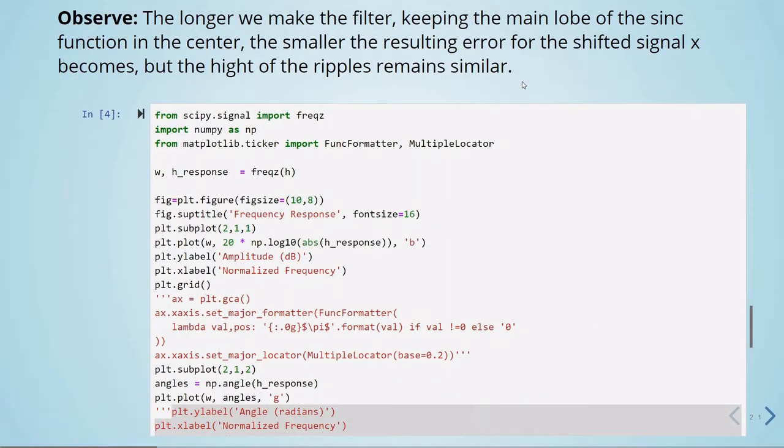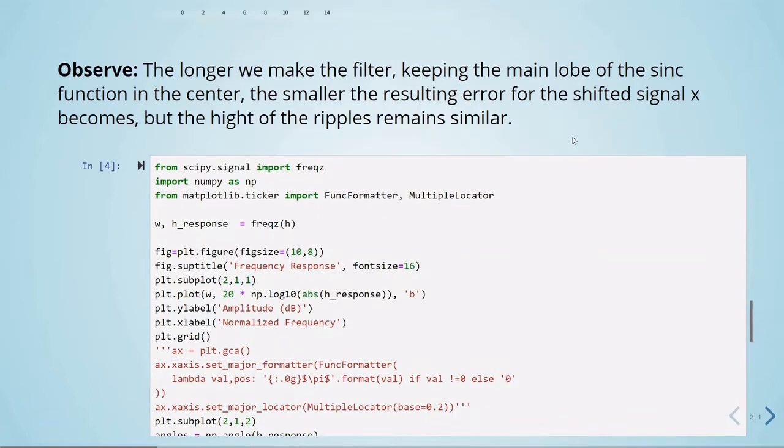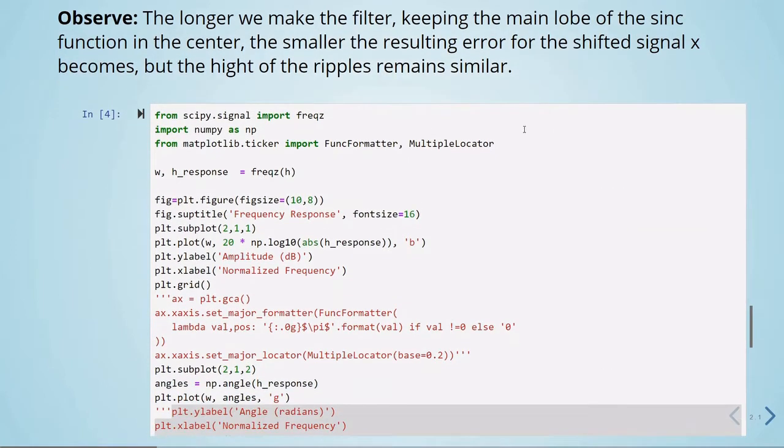Now we are also interested to see the frequency response of our filter. So now we are using freqz from SciPy signal, and we're also using NumPy and Matplotlib. With freqz here we will have our frequencies where the frequency response was calculated, and here is our frequency response.